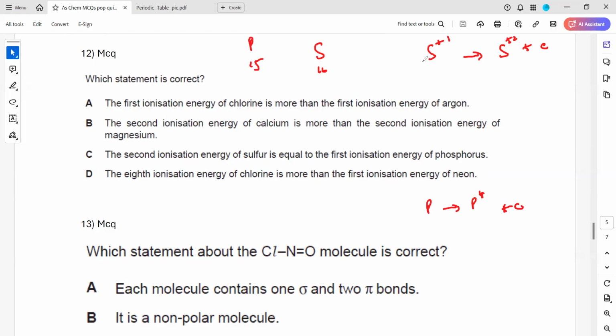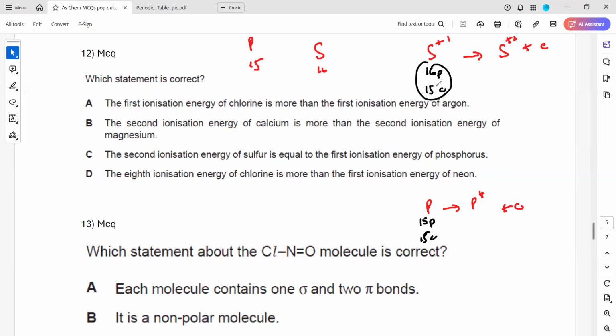Now, how many electrons are there in sulfur? The sulfur atom has 16 protons. And this sulfur ion, how many are there? 15 electrons. So 16 protons, because the atomic number is 16, and 15 electrons. The phosphorus atom has 15 protons, atomic number 15, and it also has 15 electrons.